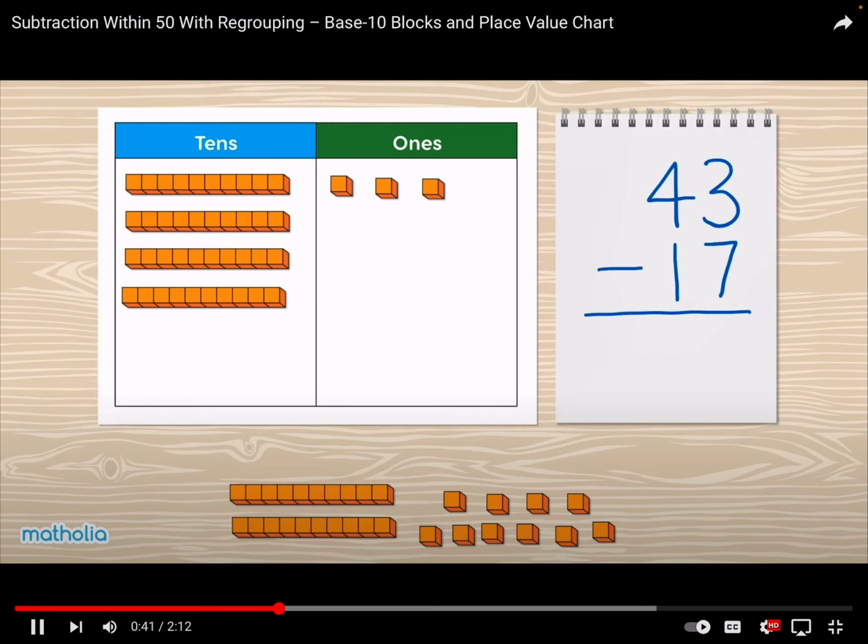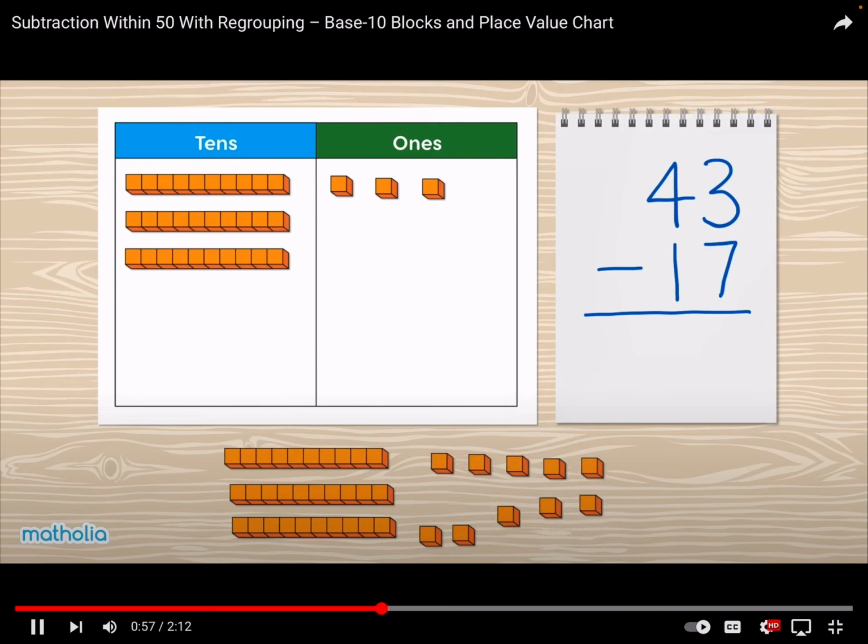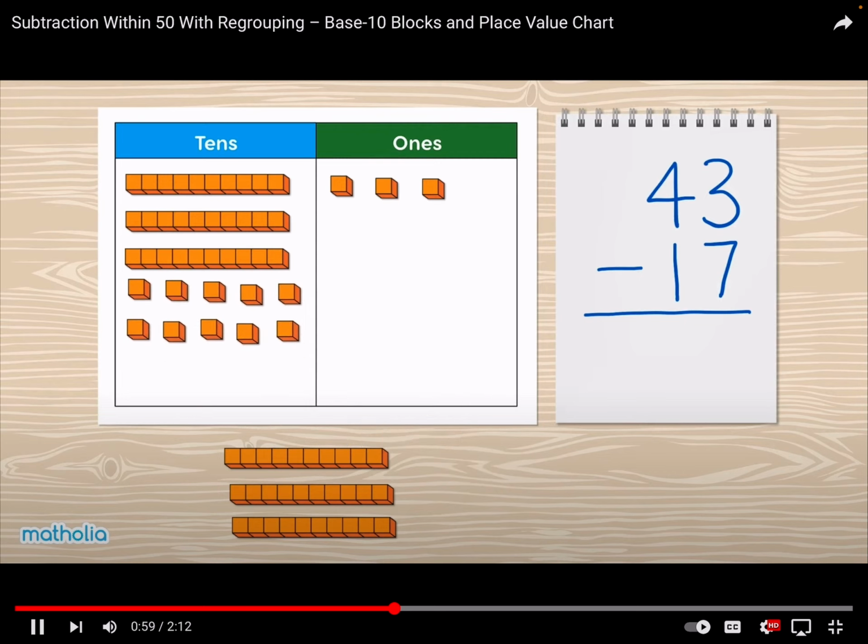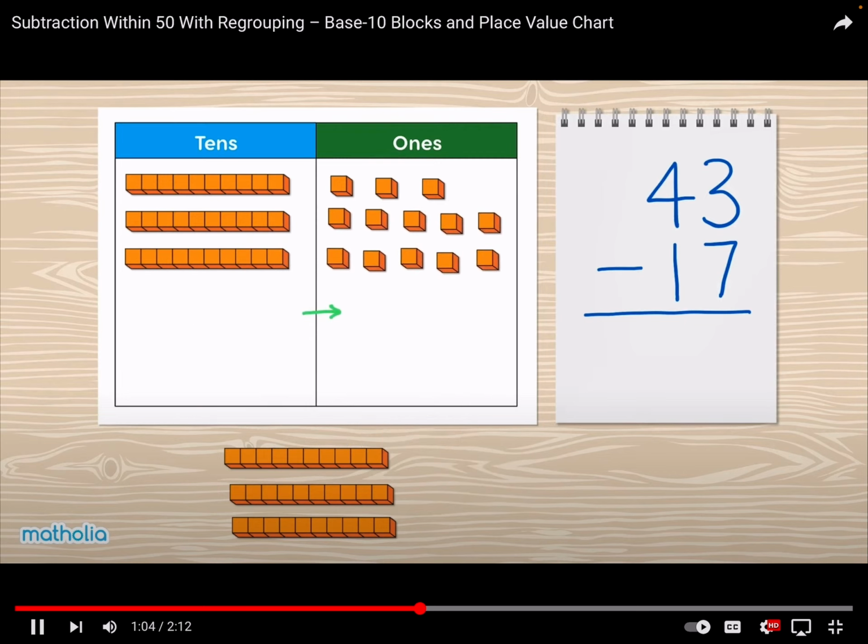We can subtract by taking away blocks. Let's start with the ones. We can't take away 7 ones from 3 ones. Let's change one of our 10 blocks for 10 1 blocks. Move them into the ones column. We now have 3 tens and 13 ones.